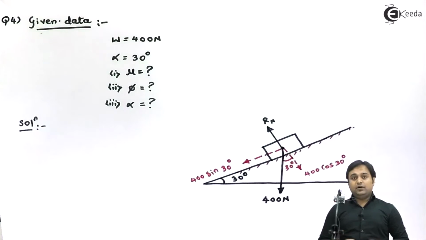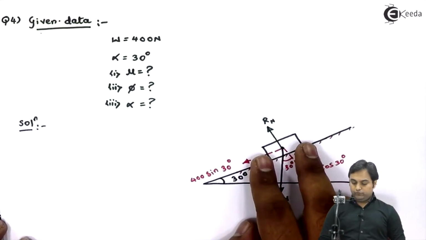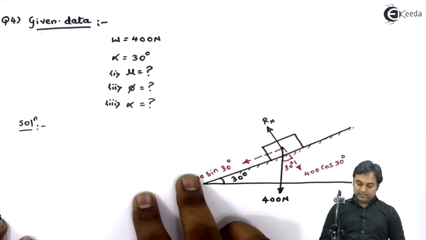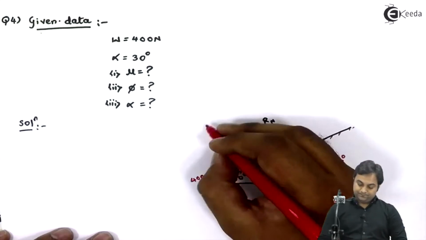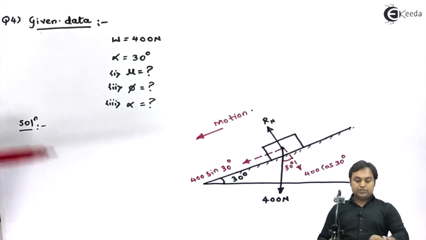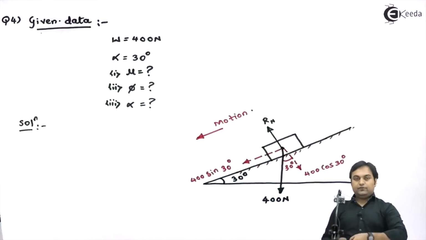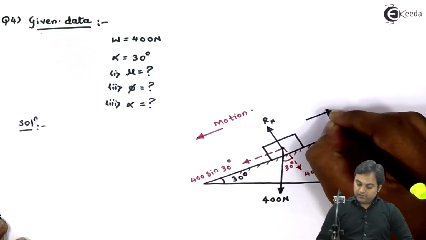Since the block is sliding down, that is because of the component 400 sine 30 degree, this force or load would try to move the block in the downward direction. It means motion is down the plane. If motion is down the plane, friction force would be opposite to motion. So friction force would be up the plane.